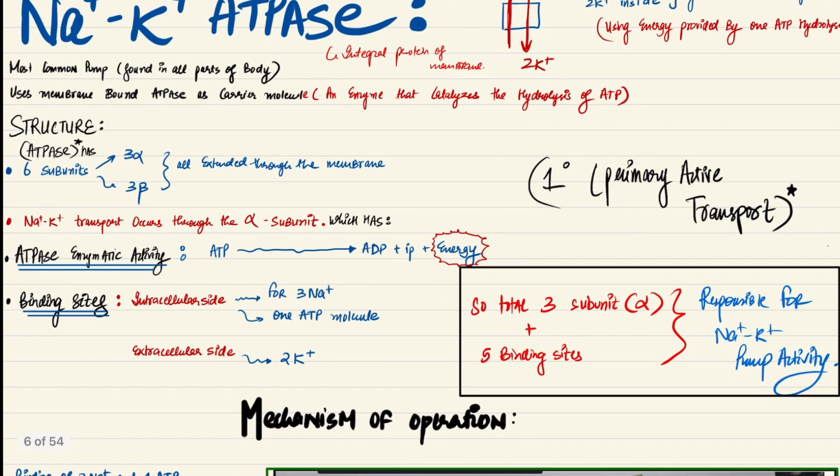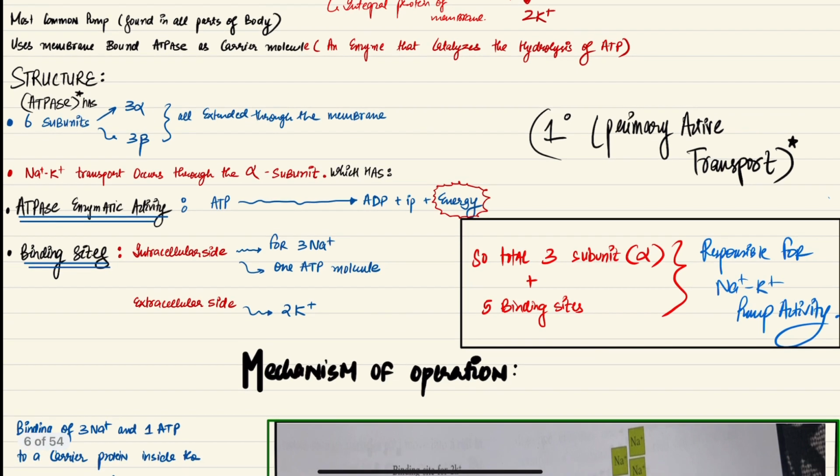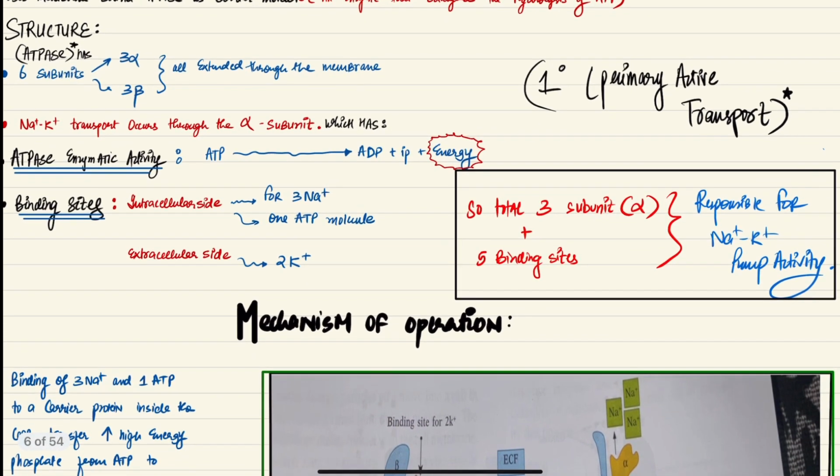This membrane bound ATPase has 6 subunits, 3 alpha and 3 beta subunits, extended all throughout the membrane, and only the alpha subunit is responsible for sodium potassium ATPase activity. Sodium potassium transport occurs through the alpha subunit, which has ATP enzymatic activity that helps in ATP hydrolysis.